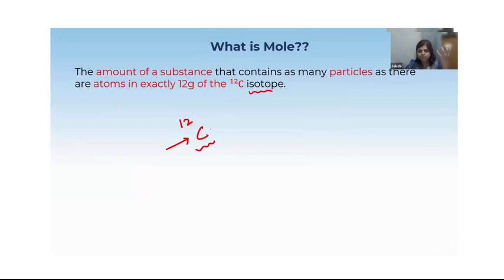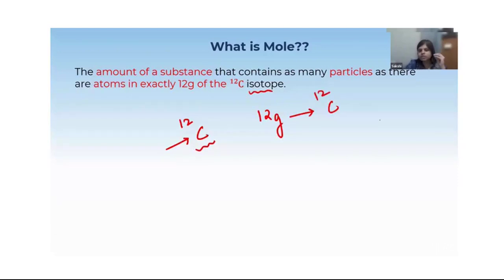The amount of substance, that means the number of particles that are there in exactly 12 grams of carbon 12 atoms, that is the number of mole. As it is written here, the amount of substance that contains as many particles as there are atoms in exactly 12 grams of carbon 12 isotope.